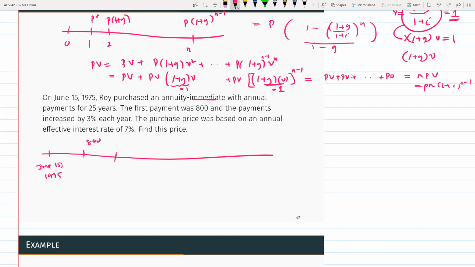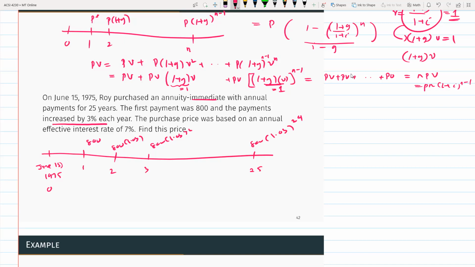It's not arithmetic, it increases in a geometric way. So it's 800 times 1.03, next one is 800 times 1.03 squared. So this is going to be for 25 years. This is basically 0, this one is 1, 2, 3, up to 25. So in the 25th one, your payment would be what? 24 now. Yeah.